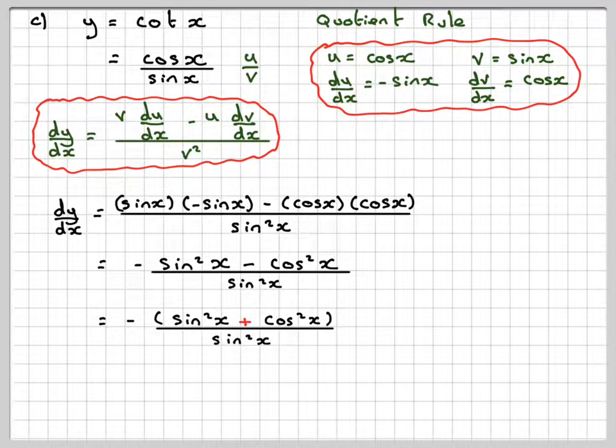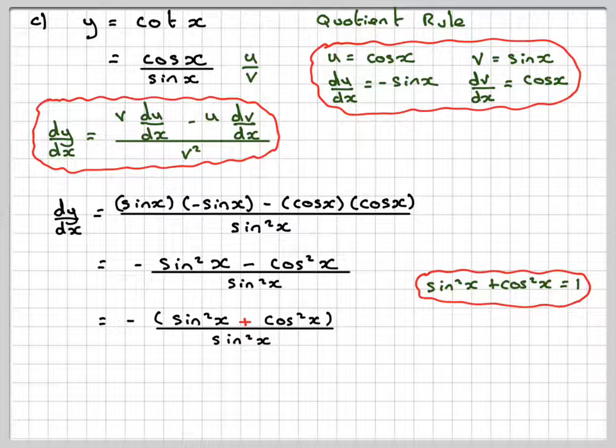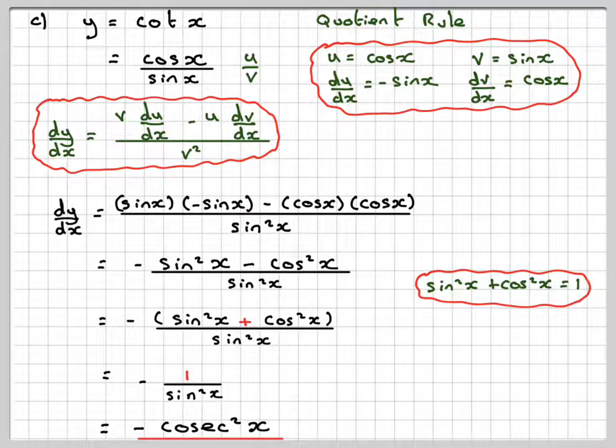Now we know that sine squared x plus cos squared x is equal to 1. That's one of the Pythagorean relationships. So this becomes equal to minus 1 over sine squared x, and 1 over sine squared x is cosec squared, so we end up with minus cosec squared x.